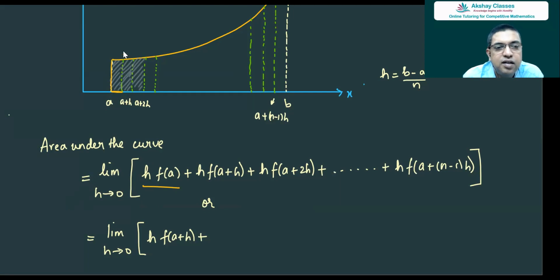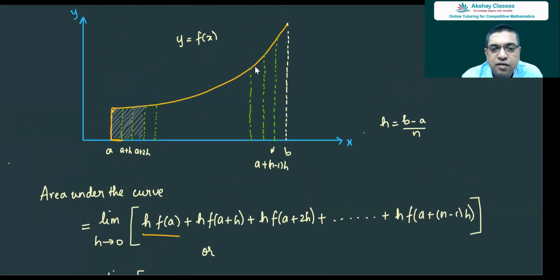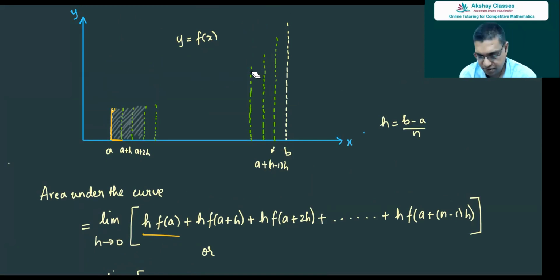So h times f of a gives me this shaded rectangle area.